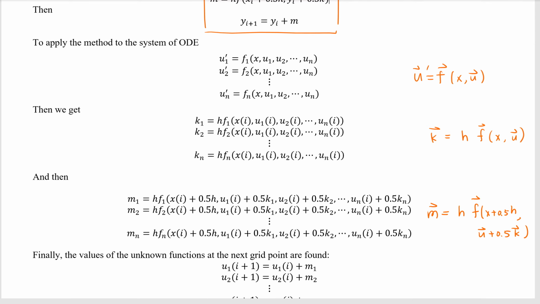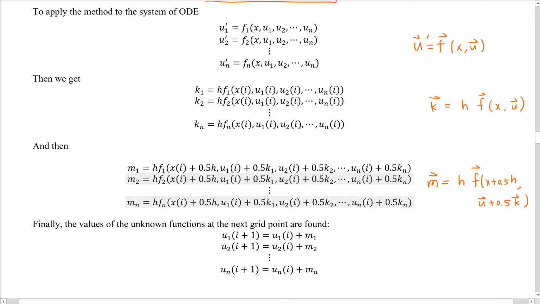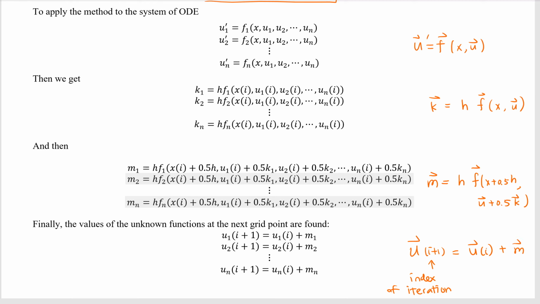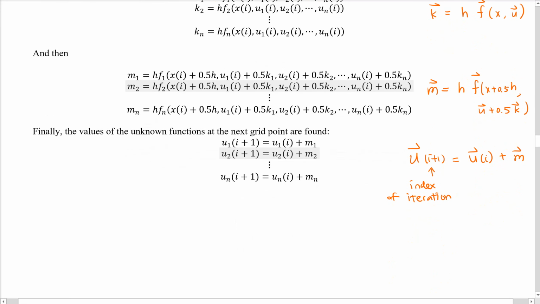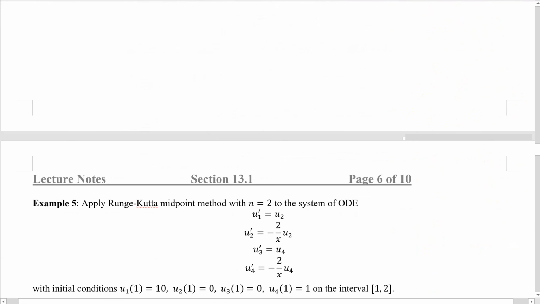So far, so good? Okay, and finally, u_{i+1}. Remember, this i plus 1 is the index of the iteration. It equals u_i plus m. So far, so good? So it's the same formula, we just put arrows on top of the u, k, and m. Okay, so keep those in mind. Let's look at our example.